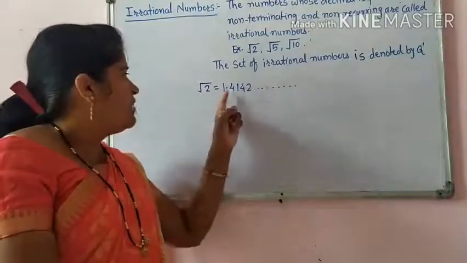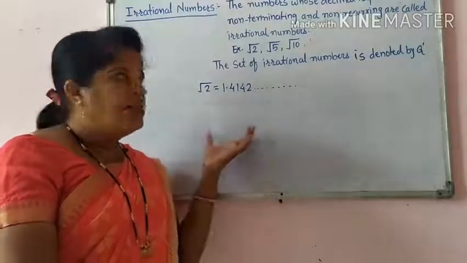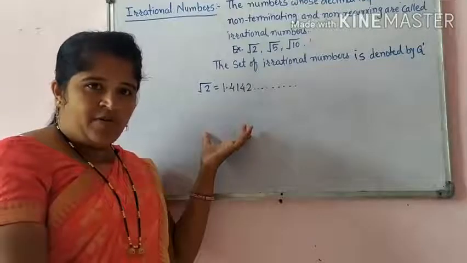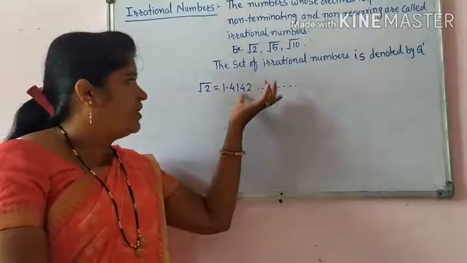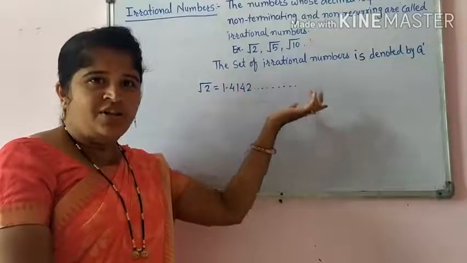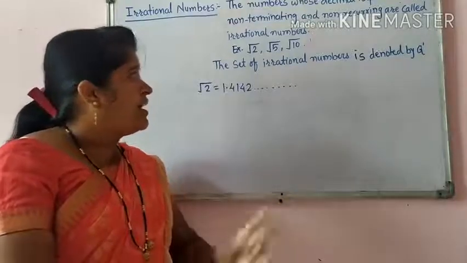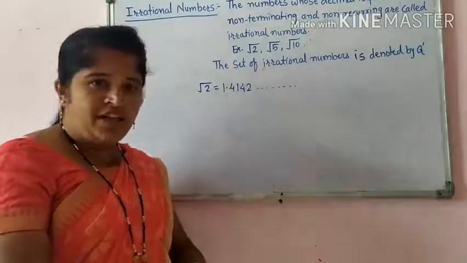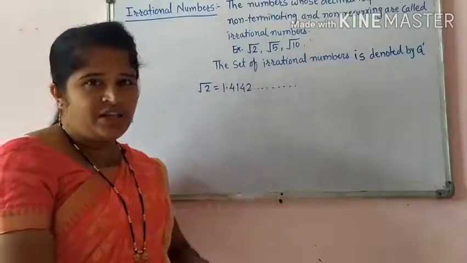After this decimal point, the digits are unending. So this is a non-terminating type of decimal. Also it is non-recurring. म्हणजे याच्यातला कोणतीही संख्या किंवा कोणताही संख्यांचा एक विशिष्ट गट पुन्हा पुन्हा रिपीट होत नाही. So it is non-recurring. Also it is non-terminating and therefore square root of 2 is an irrational number.